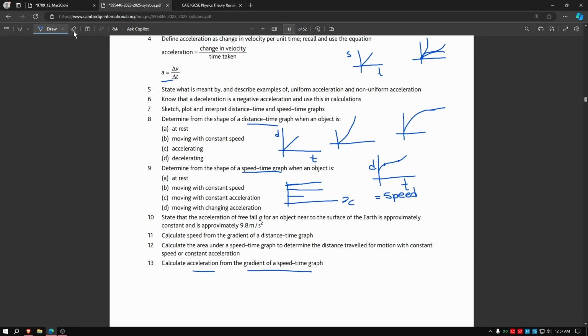Moving with constant acceleration on a speed-time graph, speed will increase constantly. With changing acceleration, speed will increase this way. And if the speed is decreasing, it will decrease this way. It does not matter how much it bends. Anything other than a straight line is changing acceleration.